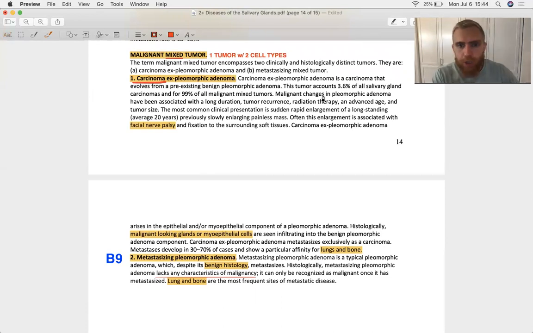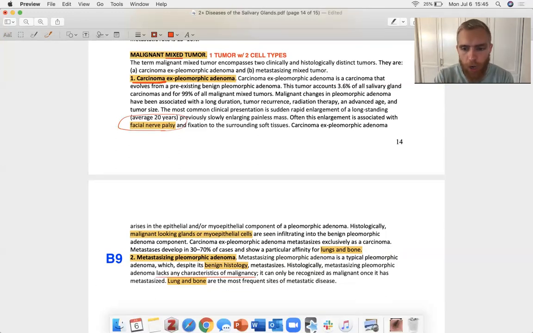Some examples are strange mitotic spindles, dedifferentiation, pleomorphism, which is variation in size and shape. Again, because these are malignant, they might invade, causing facial nerve palsy. Both of these types can metastasize. The big difference is that in the histology, one's more benign, one is more obviously malignant.